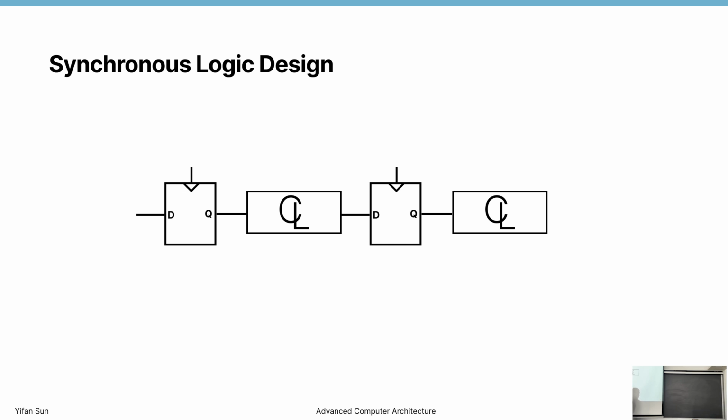This fluctuation we can ignore, because the output of this combinational logic will be hidden by this register, right? No matter how D's value changes, Q will stay at the previous cycle's value. D will keep fluctuating until another rising edge arrives at this register.